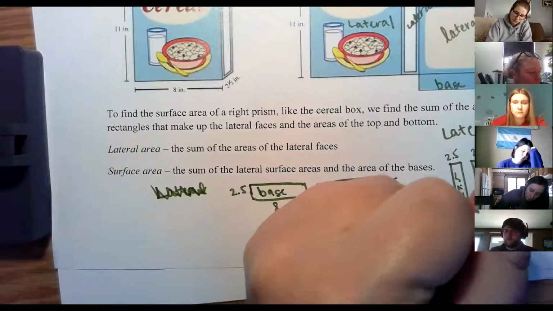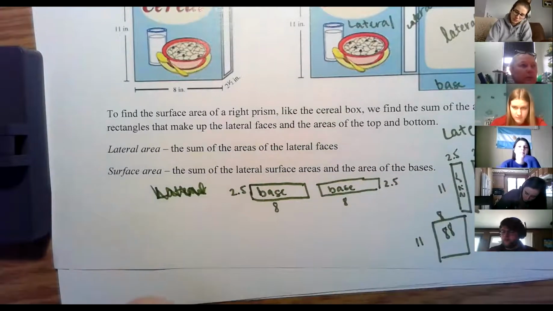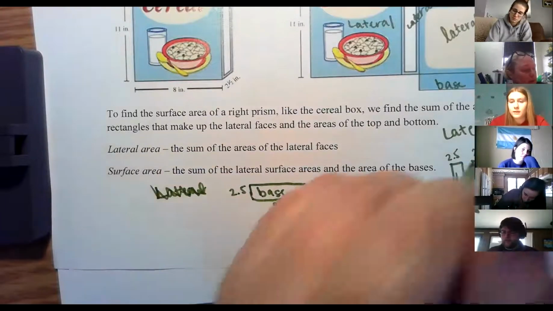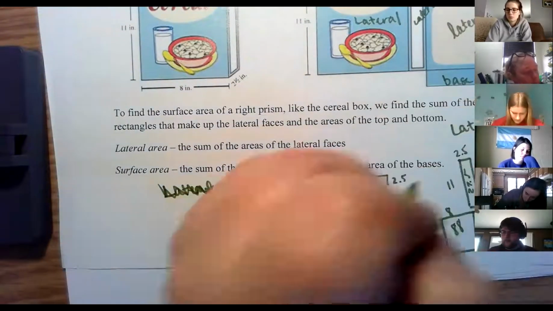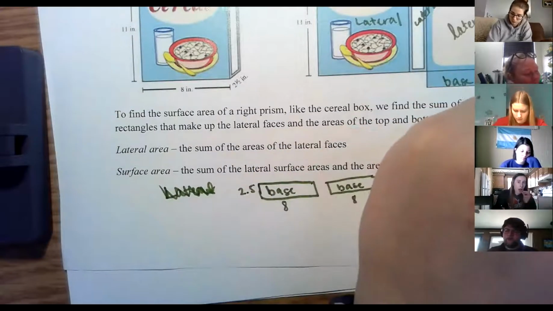And these are 88 each. So what do I do with those numbers, Lauren? Add them together. I add all these together. So the lateral surface area is 231 inches squared. There we go.